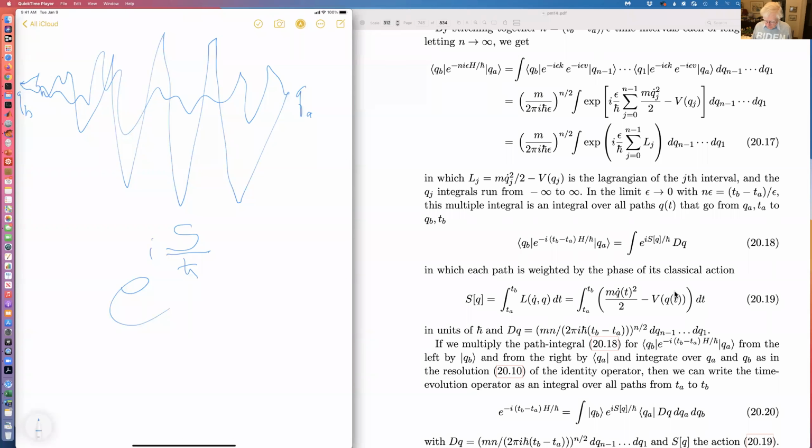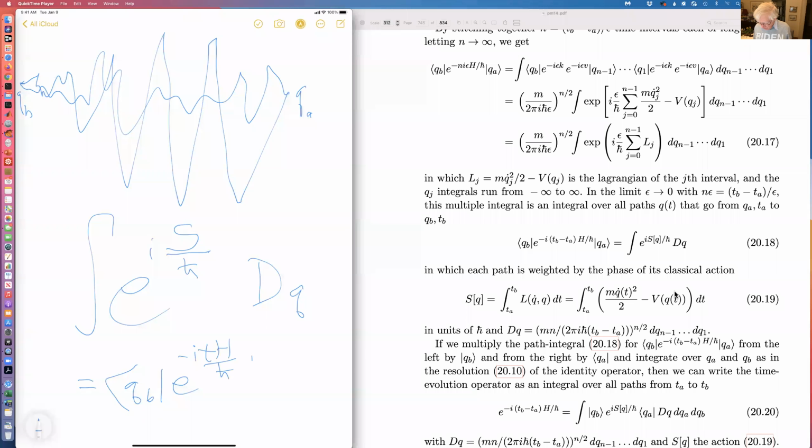And what you do is you integrate that over all paths, and that is equal to the matrix element QB e to the minus iHt over h bar QA. So that is the formula.